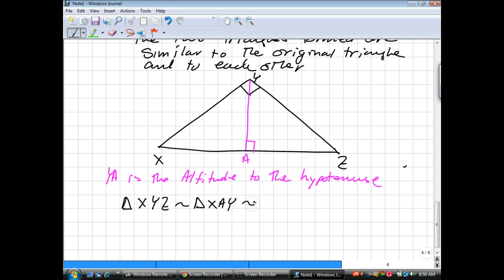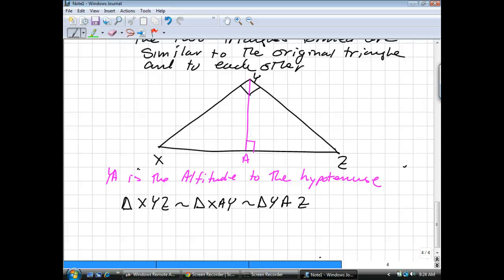And that one's going to be similar to triangle YAZ. Okay? And because they are similar, we know that corresponding angles are congruent and corresponding sides are in proportion.